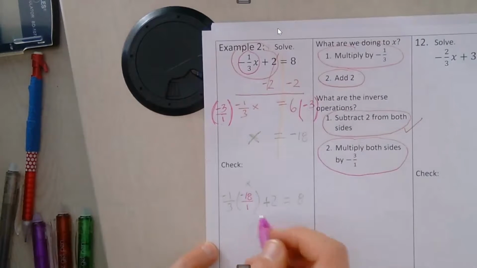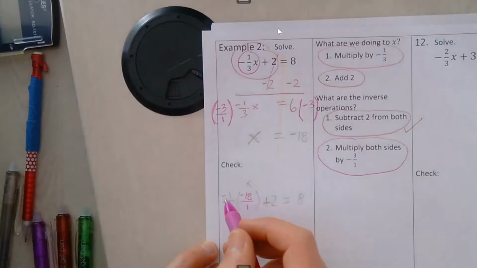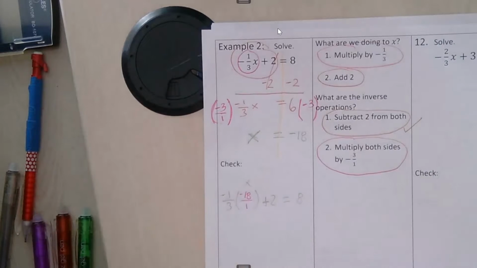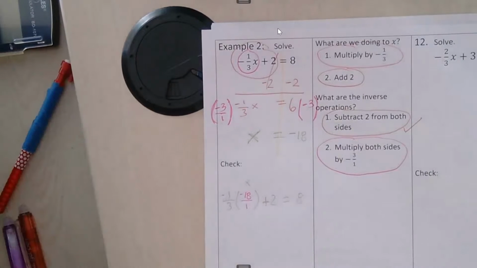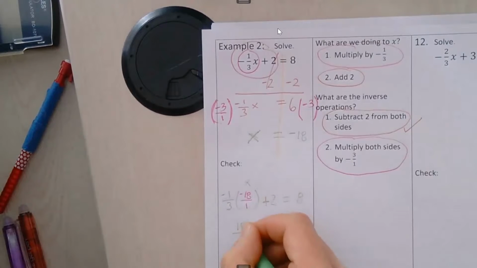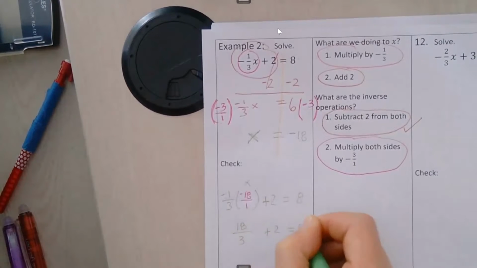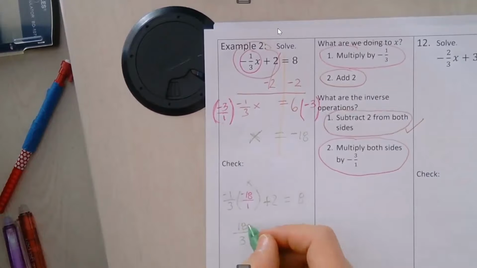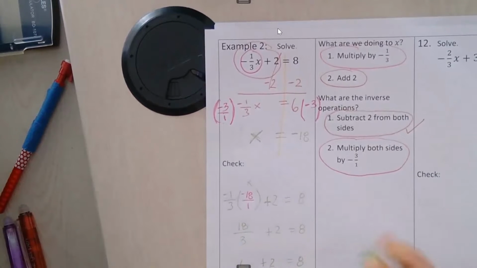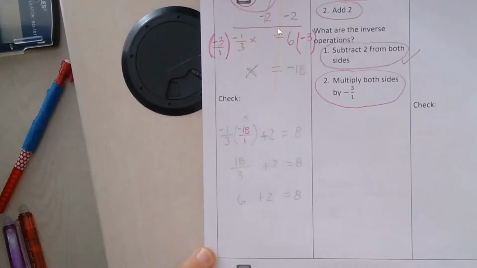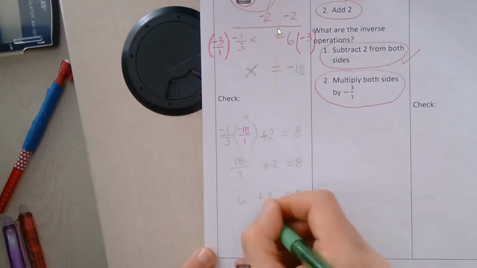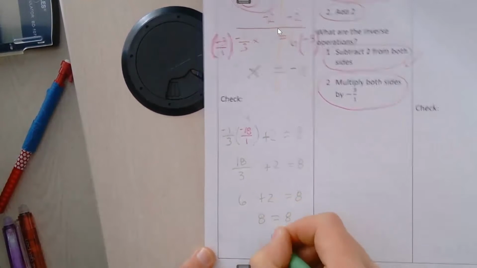Okay, now let's multiply. These are fractions. -1 times -18 is +18. In the denominator, 3 times 1 is 3. Now, 18 divided by 3 is 6. Finally, 6 plus 2 is 8. So we did that correctly.